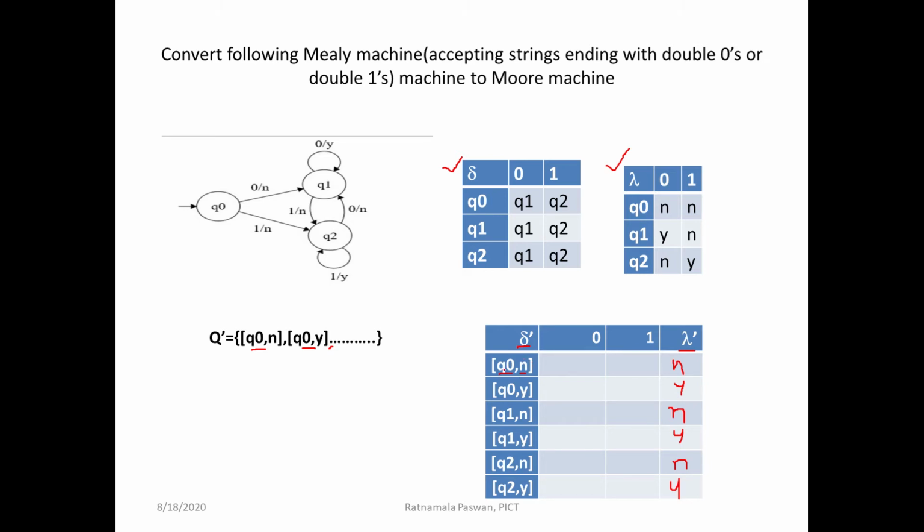We are looking at just the state Q0, and on input symbol 0, we have to find the entry of delta dash. How do we find it? Just look at the state function delta and find what the next state is on Q0 comma 0. On Q0 on 0, the next state is Q1. So we take this next state from the state function of the Mealy machine. So we get Q1.